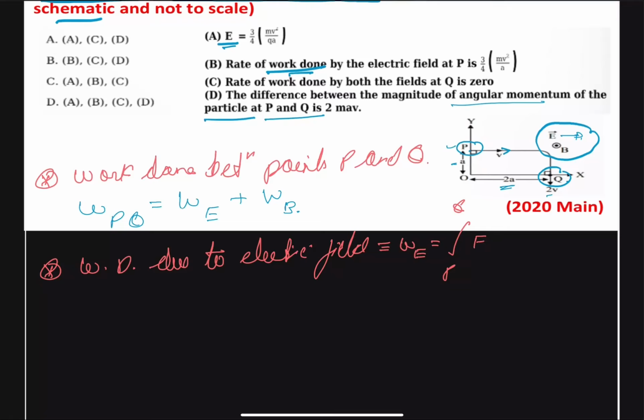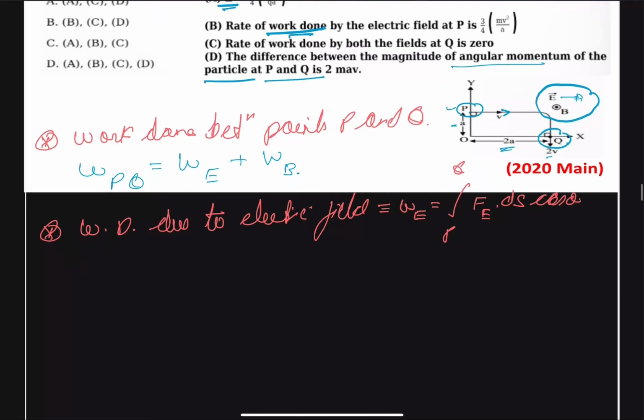because of the electric field, F ds cos theta. And the force due to the electric field is equal to charge multiplied by electric field. So the work done because of the electric field is the integral from P to Q of q times E ds cos theta.